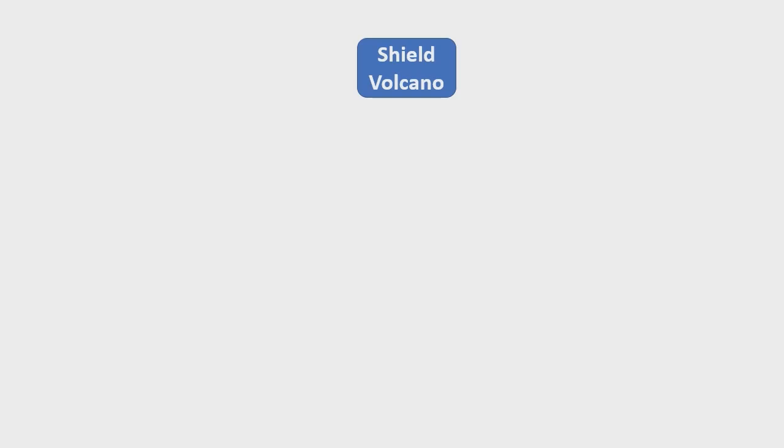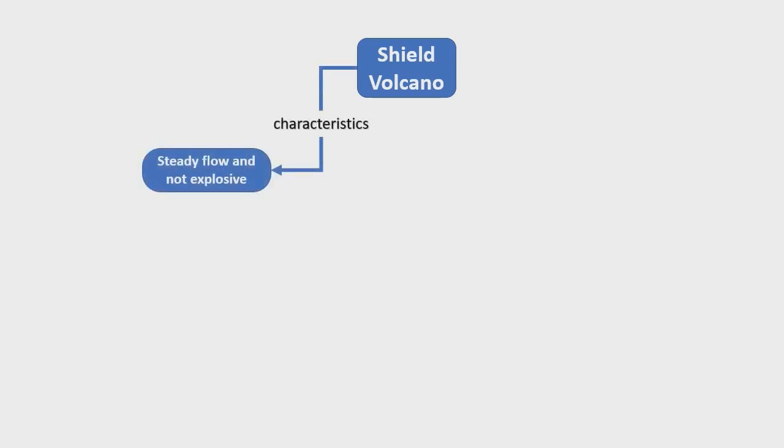Shield volcano. The characteristics of a shield volcano are the following. It has a steady flow and is not explosive, so the lava that comes out of the volcano flows like honey.